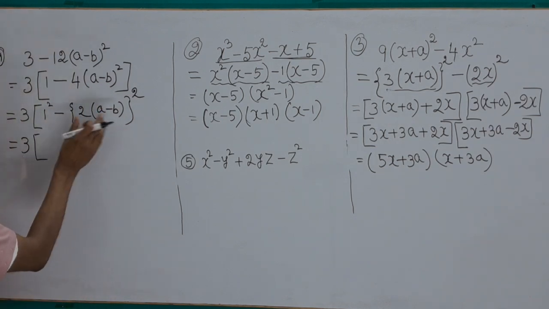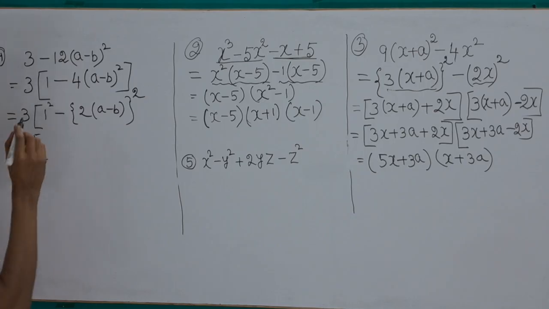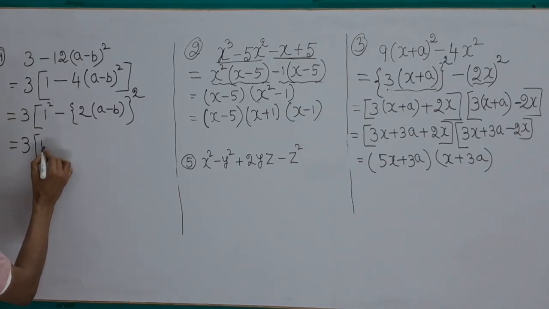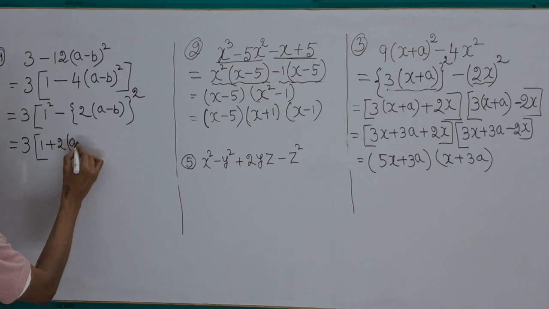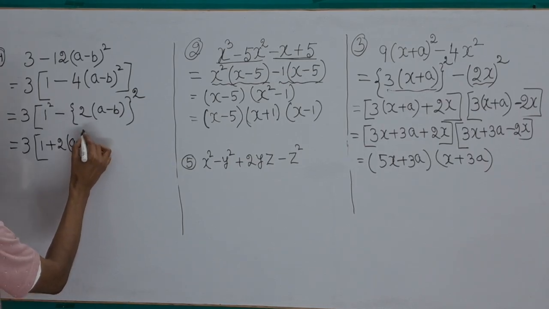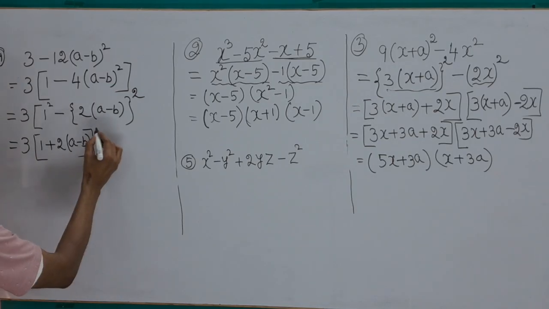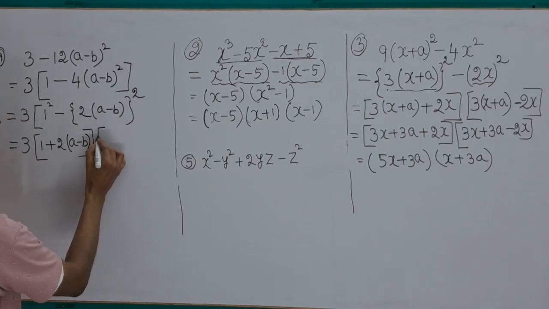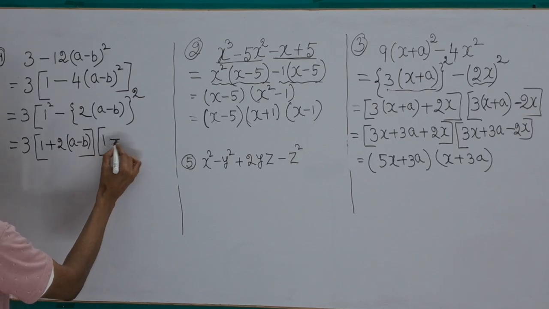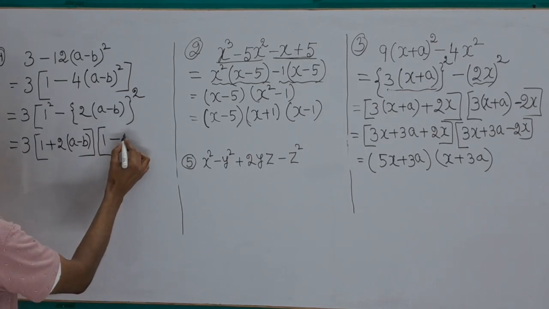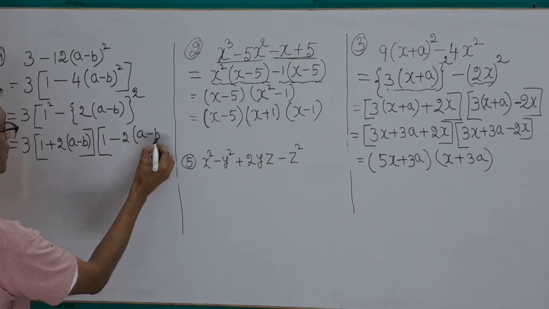That means a plus b into a minus b. Here you have to be very careful, 1 plus 2 into a minus b, and this is 1 factor, a plus b complete. But when you are doing a minus b, that means first thing minus 2 into a minus b.